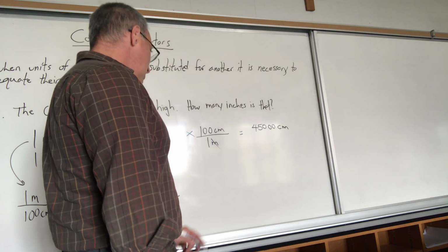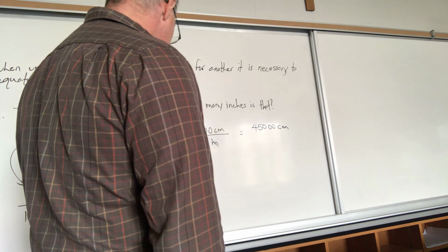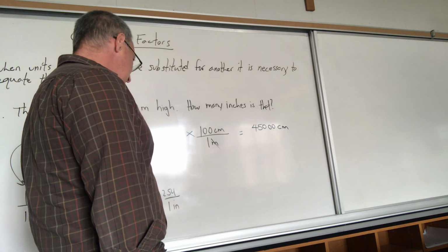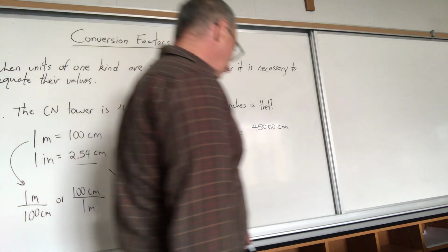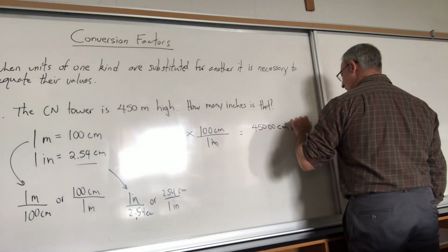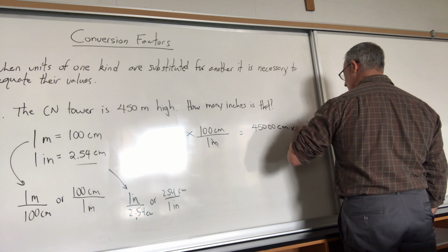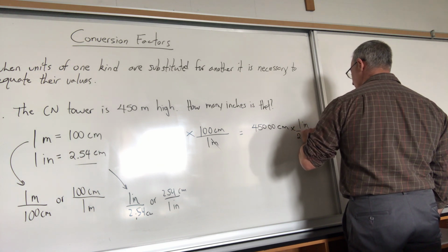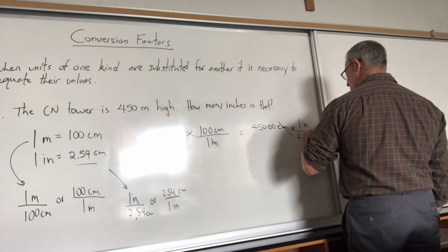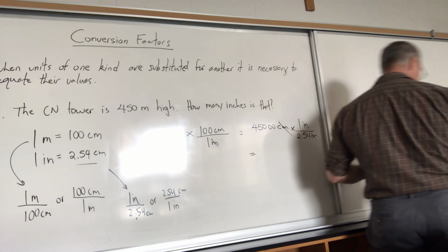Which one are you going to use? The one that allows you to cancel centimeters, so the one that has centimeters in the denominator. So you're going to use this one: times 1 inch per 2.54 centimeters. Centimeters will cancel, and let's do the math.